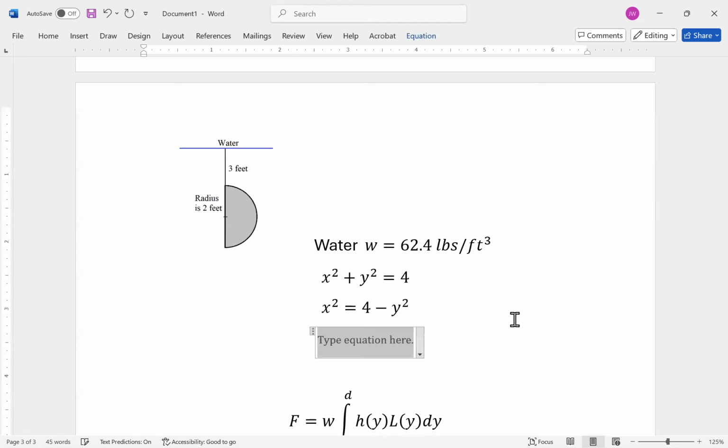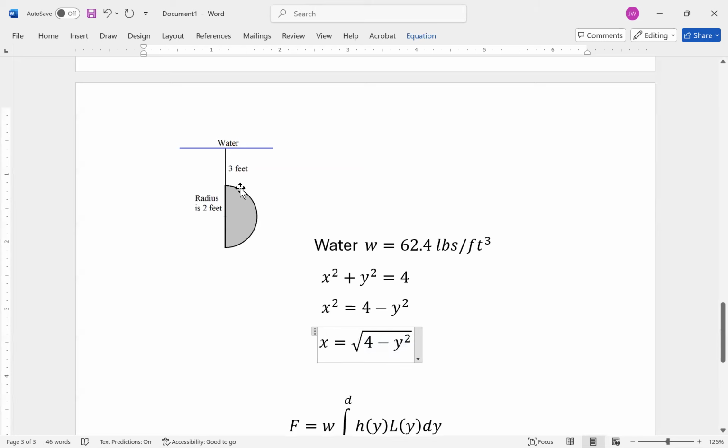So when I solve for x, I can take the positive square root of 4 minus y squared. So that's going to be the right-hand side of this semicircle. The left-hand side of the semicircle is going to be my y-axis, or x equals 0 line.